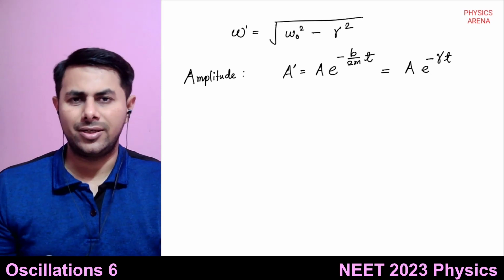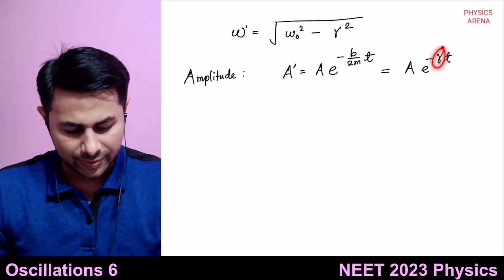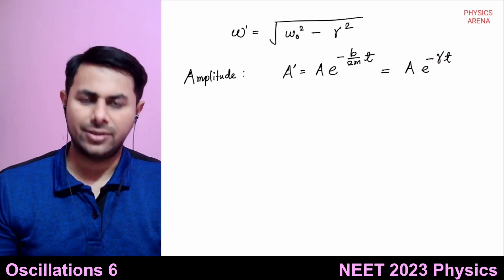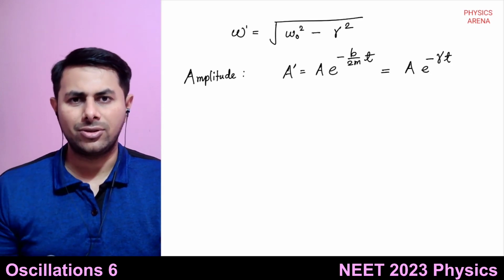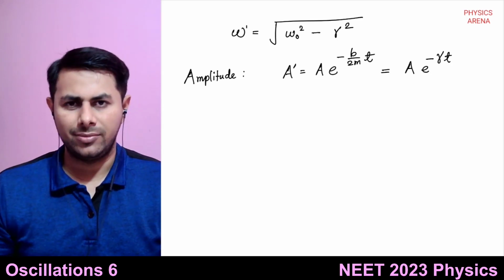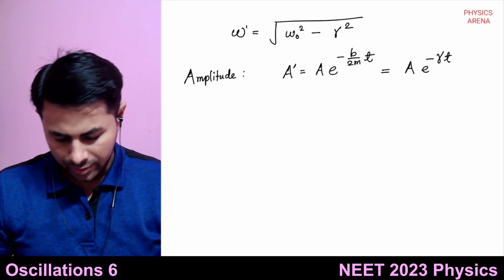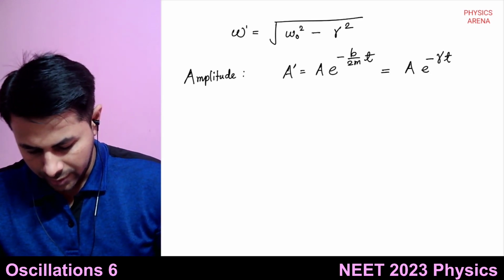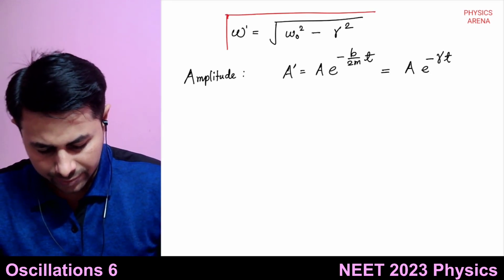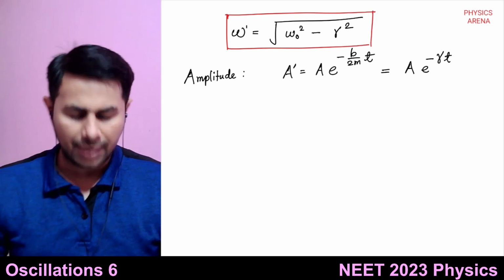And by what factor does it decrease? This is the factor, the exponent, e raised to minus of gamma t. Gamma is b upon 2m. So this is the resultant frequency and this is the resultant amplitude.